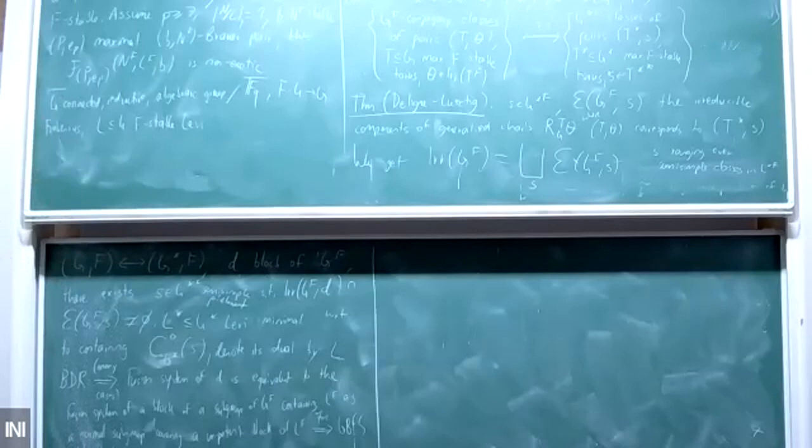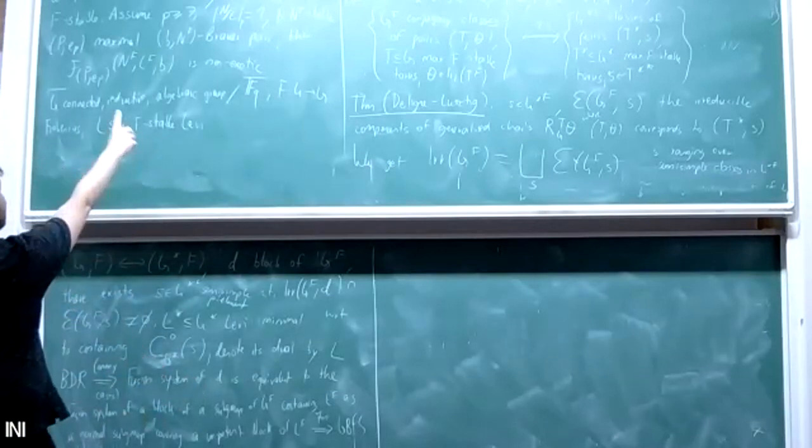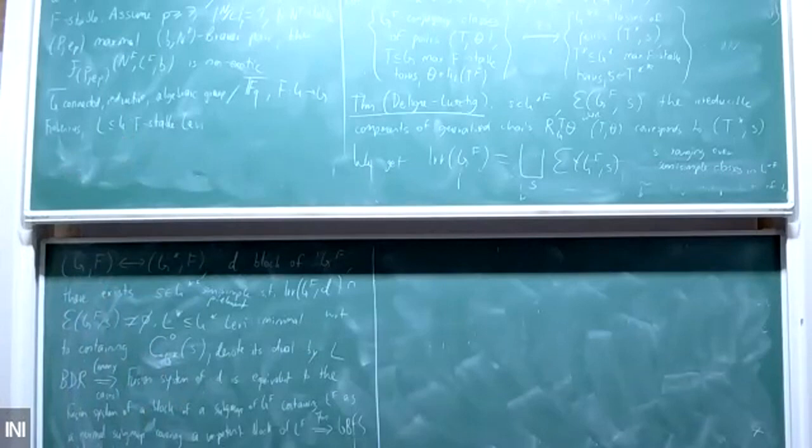But we're still not done, because we know now that a fusion system isomorphic to the fusion system of D is contained in here, but it still doesn't mean that it's also non-exotic. So there's still a gap to close, but these are some steps towards proving the conjecture. And that's all I wanted to tell you about today.